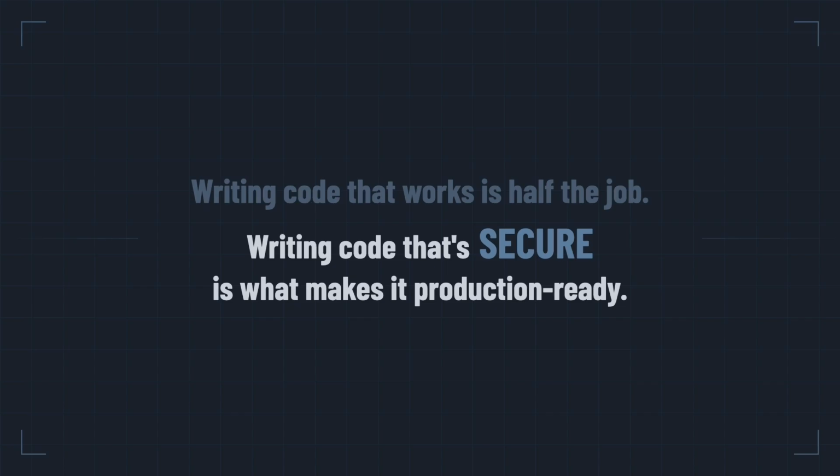We will learn why they exist, what problem they solve, and how to apply them correctly in real-world applications. Because writing software that works is one half of the job. Writing software that's secure is what separates working applications from production-ready ones. So, with that mindset in place, let's begin securing our application.